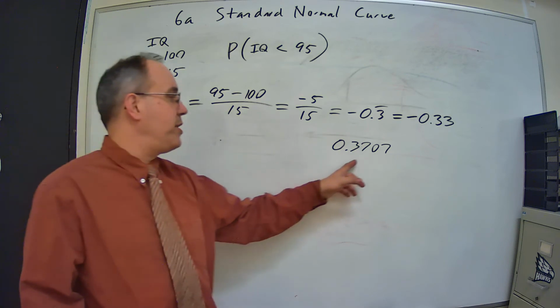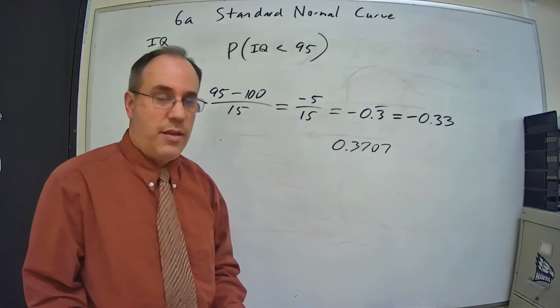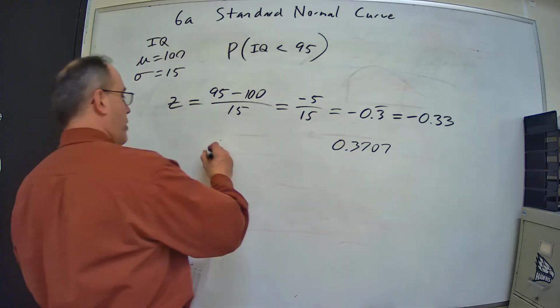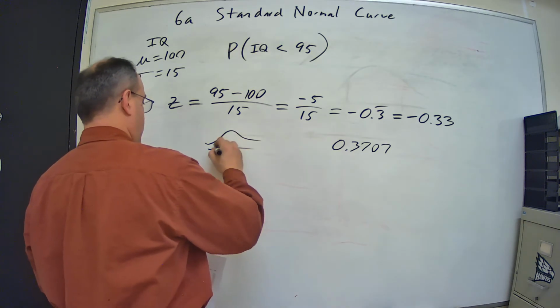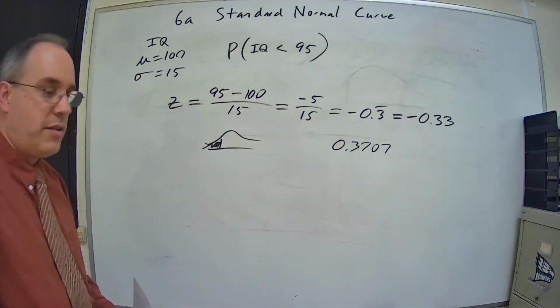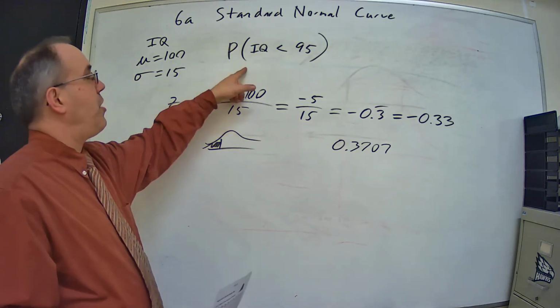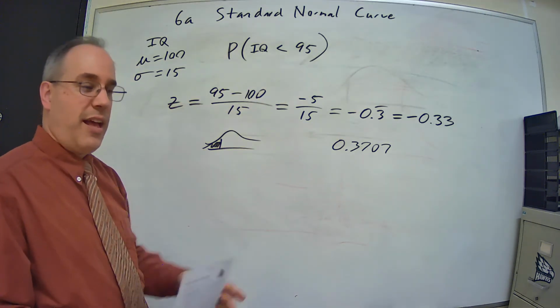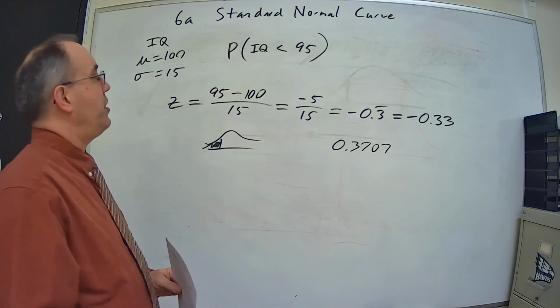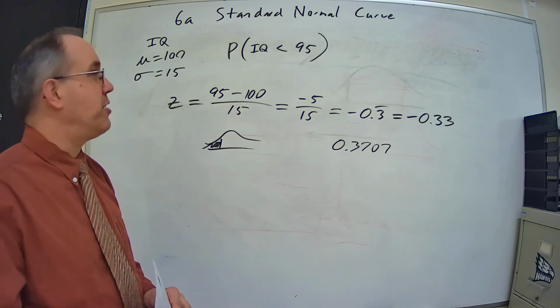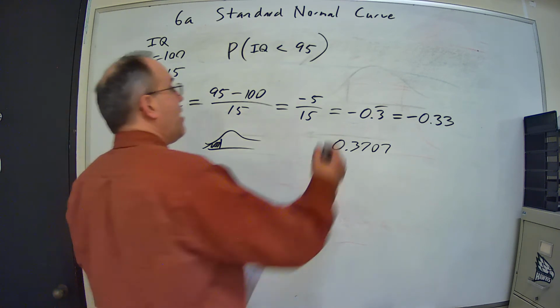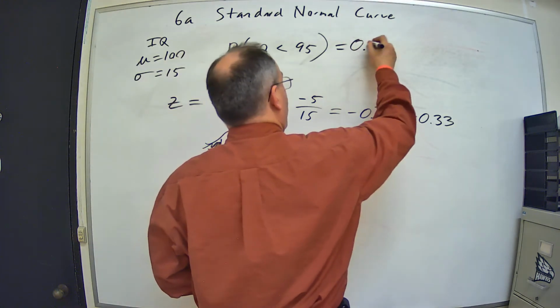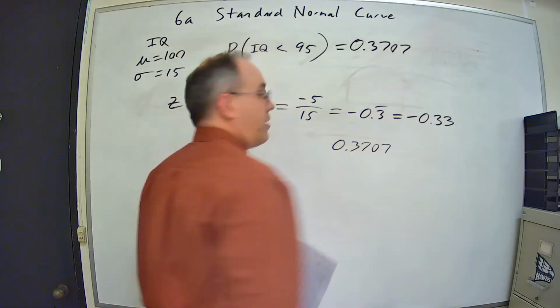And remember, our table always deals with the area to the left. We want the probability that the IQ is less than 95, so we're dealing with the area to the left. So the probability that we randomly select a person with an IQ less than 95 is 0.3707.